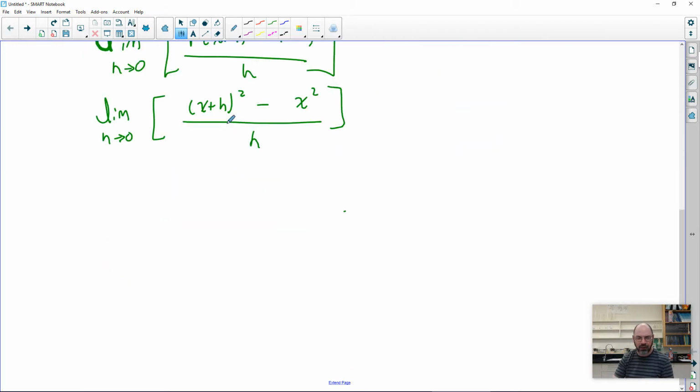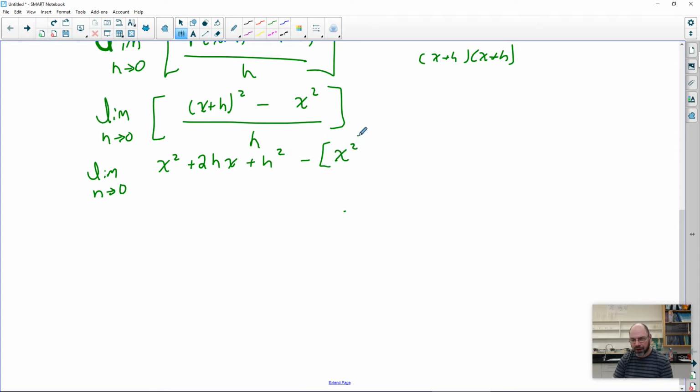We have to expand out this stuff right here. So the limit as h approaches 0 of, this is going to be x squared. And if we're doing x plus h times x plus h, we have x squared, and then we have xh, and then we have hx, which are the same, so we have 2hx, and then we have h squared, minus x squared.